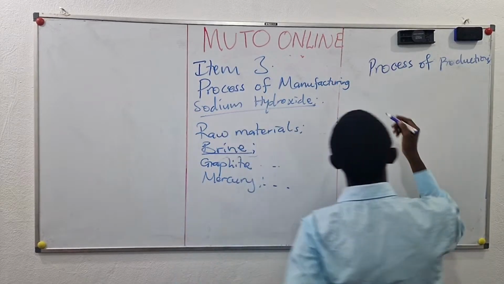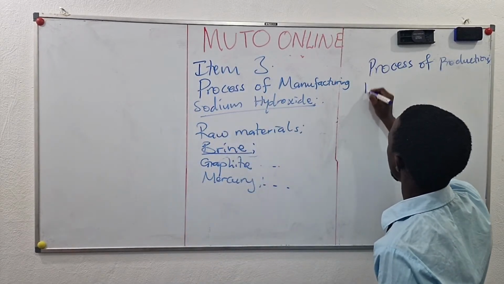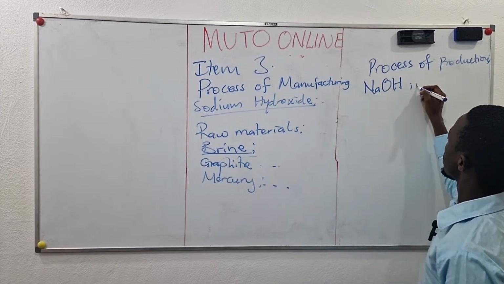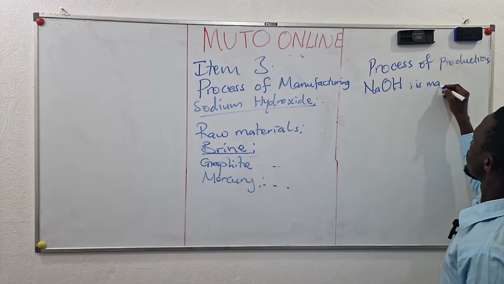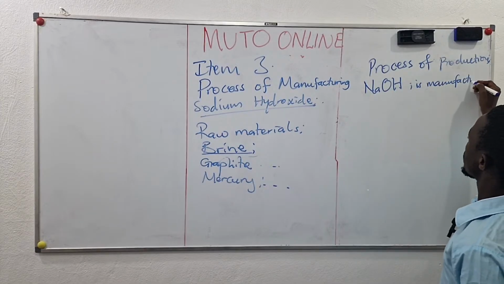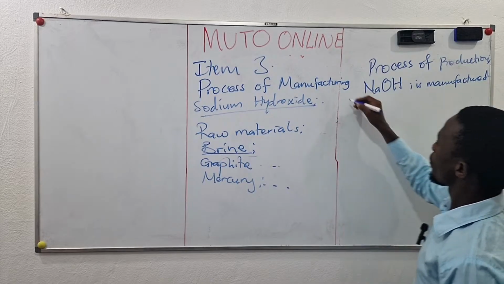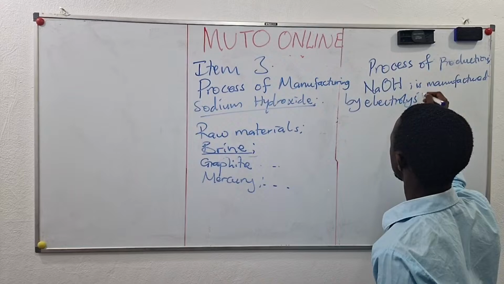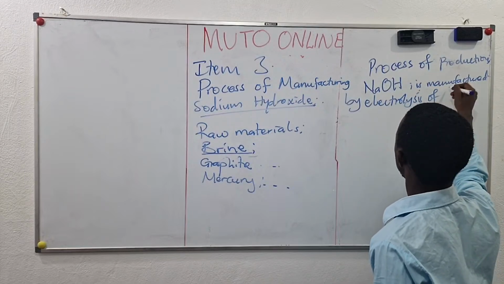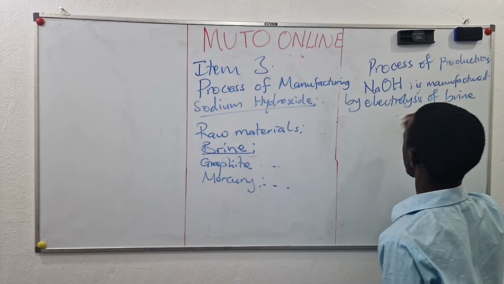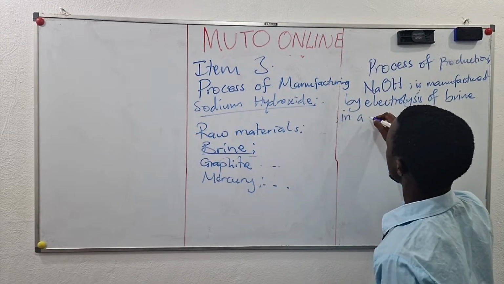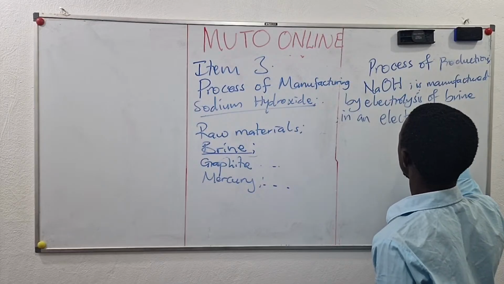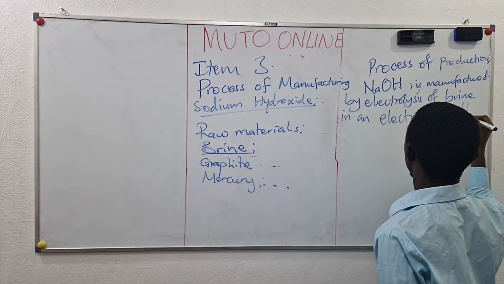So what they do, the sodium hydroxide is always manufactured by the process of electrolysis of brine in an electrolytic cell.